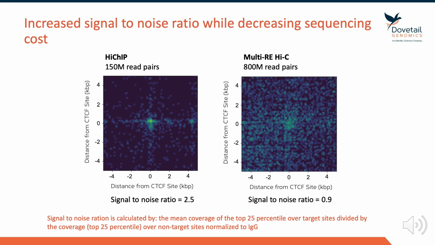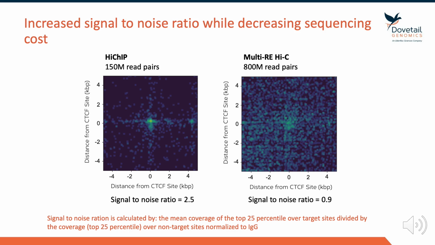And as you can see at the CTCF site, there is a very bright spot on the contact map for the HiChIP data on the left with very little noise around it, whereas with the Hi-C contact map, you do see an increase in brightness around the CTCF, but it's associated with a lot of noise.